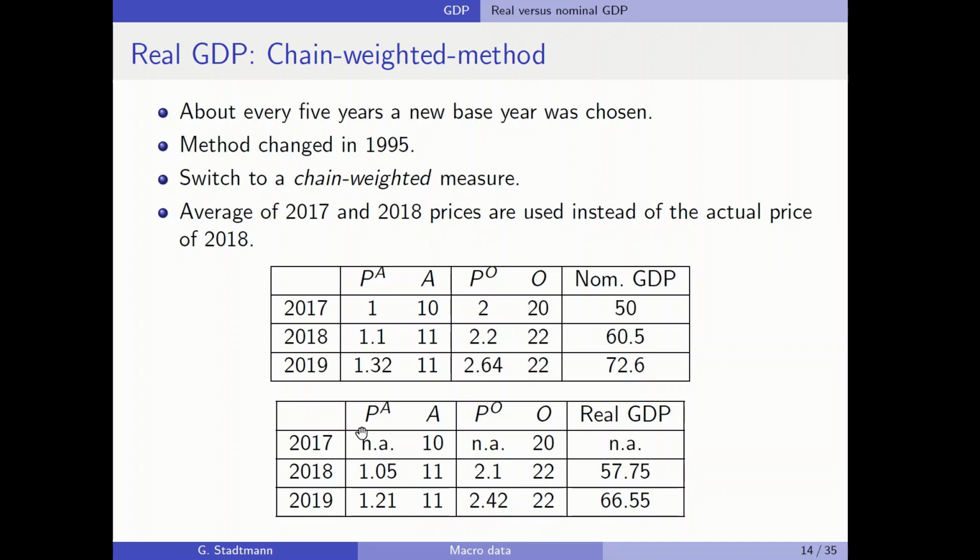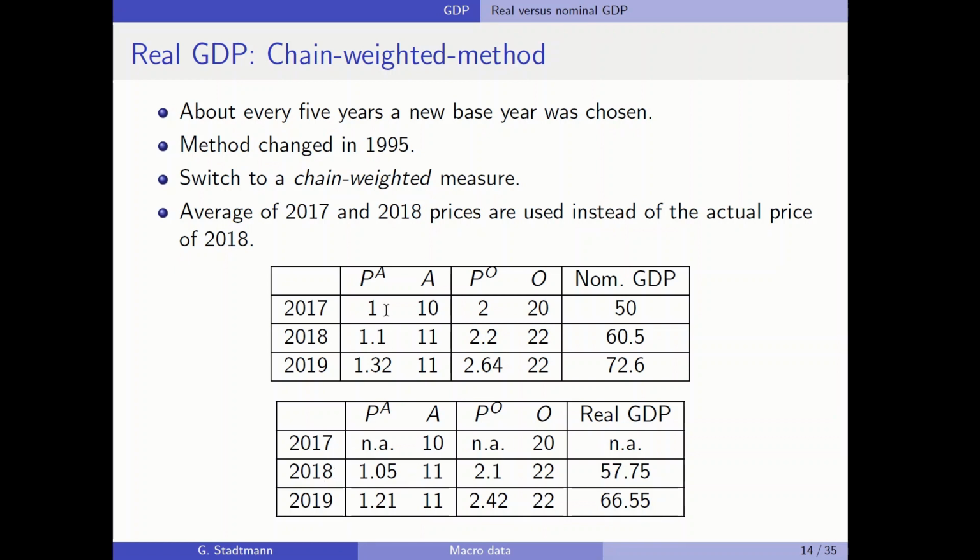In 2017, we cannot compute any prices because we would need information about the year 2016. So the prices, according to the chain-weighted method, are not available in our example, and therefore we cannot compute real GDP in the year 2017. But in 2018, that's possible.